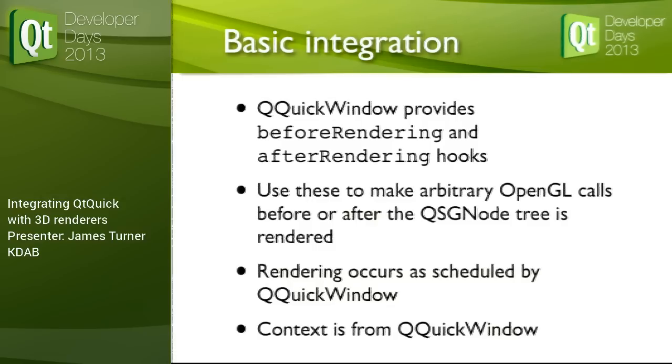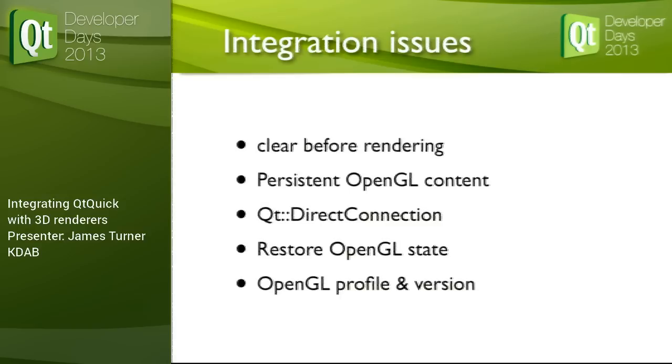But if you're in threaded mode, it'll be the actual rendering thread if it exists. So this means you can connect to these signals, inject your own OpenGL code, render it, and it will appear underneath the scene or on top of it. And you get the context that QtQuick window made you, which has that depth and stencil support. There are some issues.